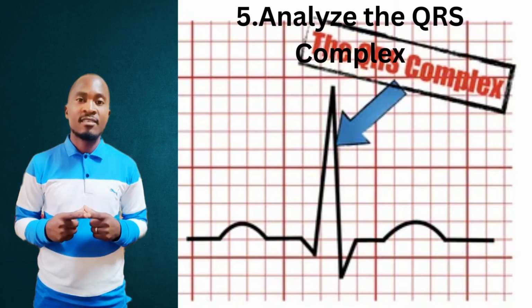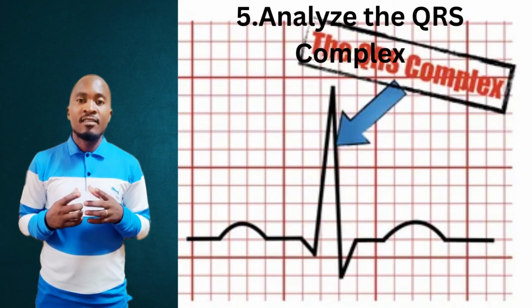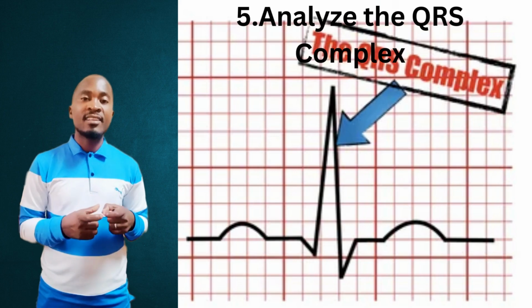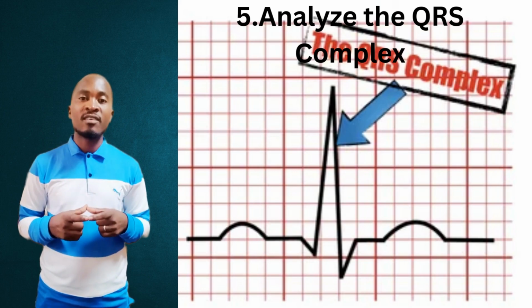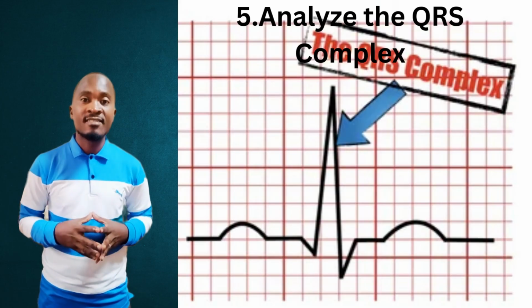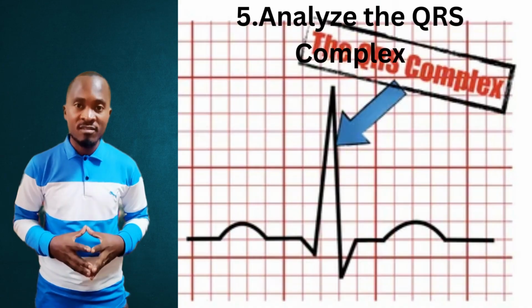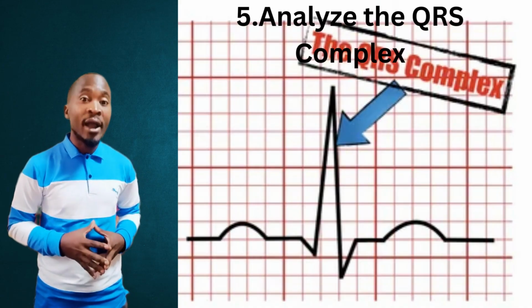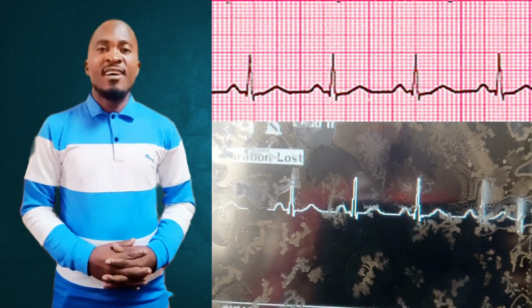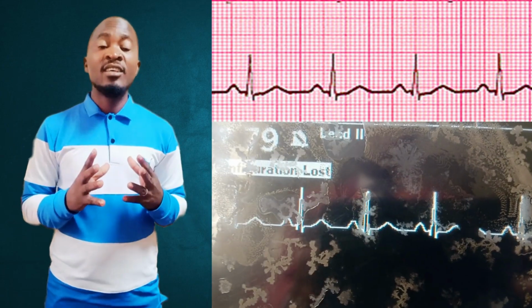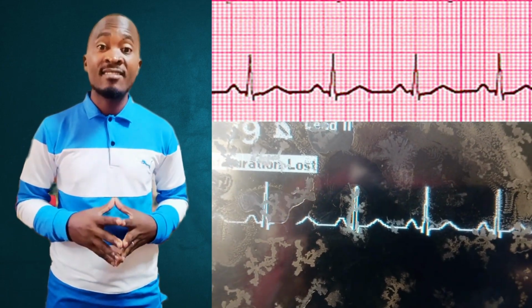If yes, that's okay. But if it's less than 3 small boxes, that is a narrow QRS complex. And if it's more than 3 small boxes, then that's a wide QRS complex. Having said that, let's use an example to analyze this reading.